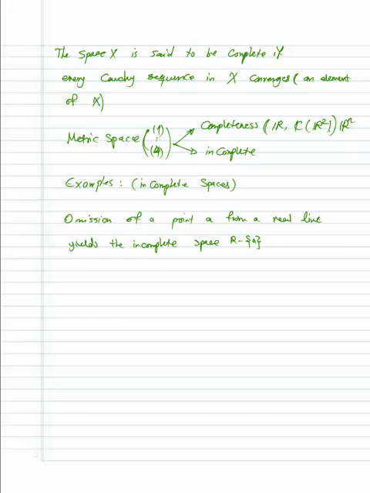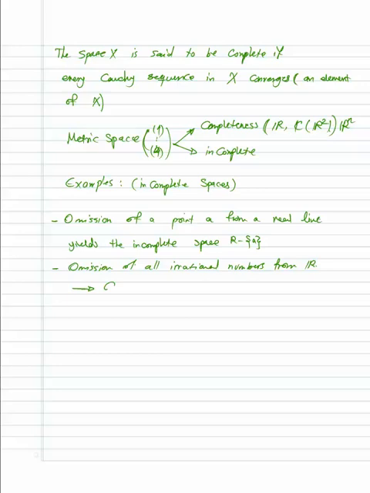Okay, and something I find more interesting is this: omission of all irrational numbers from R. Can you guess what we'll have after that?